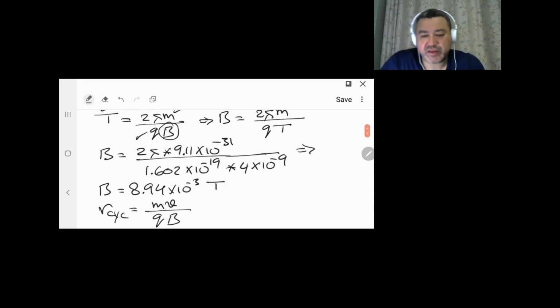If it takes the charge 2 nanoseconds to go half, the period then multiplied by 2 becomes 4. This is the equation of the magnetic field. This is the relationship we have derived earlier for the period and the frequency of the charge going in cyclotron motion.